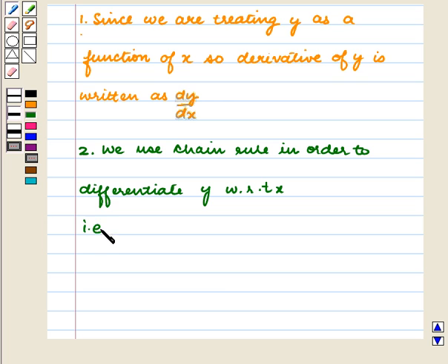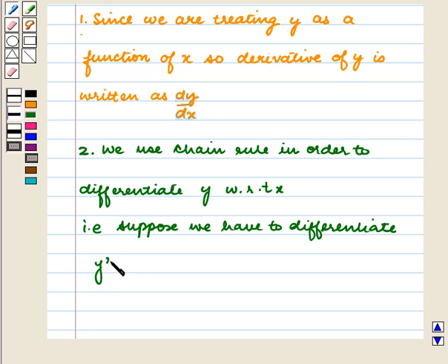That is, suppose we have to differentiate y square with respect to x.